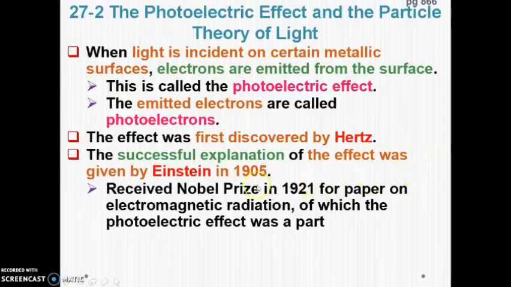The successful explanation of the effect was given by Einstein in 1905. Einstein received the Nobel Prize in 1921 for his paper on electromagnetic radiation, in which the photoelectric effect was applied.